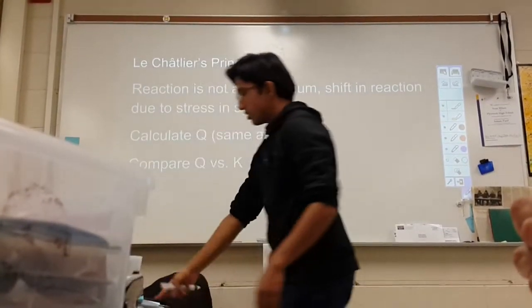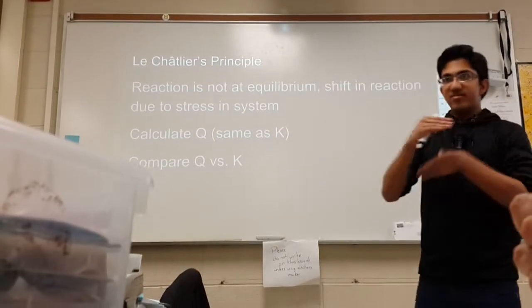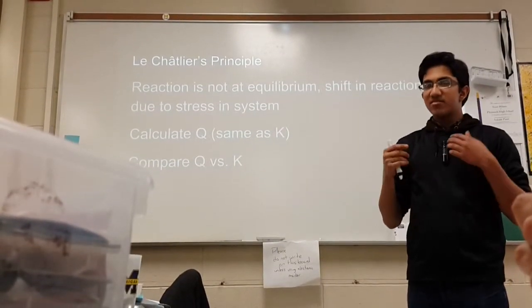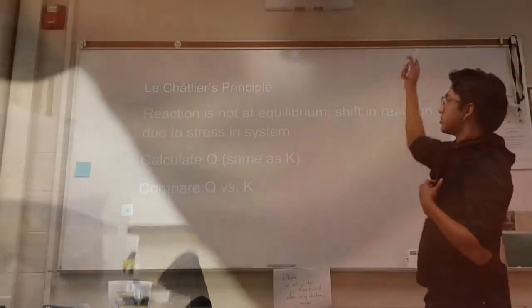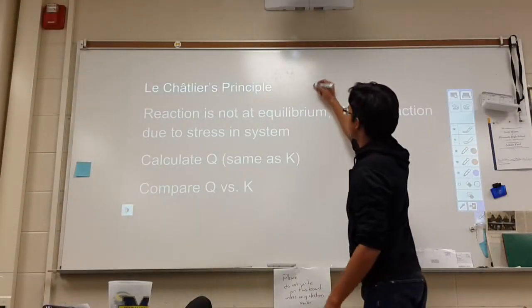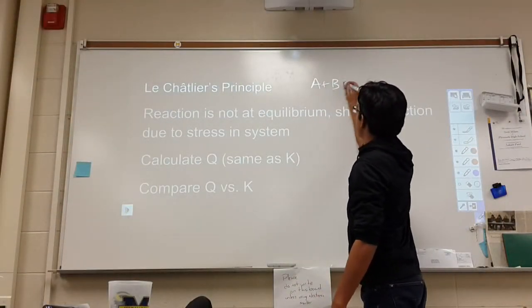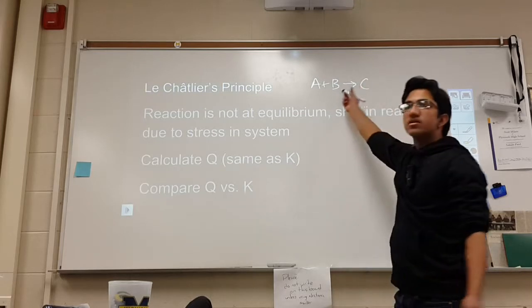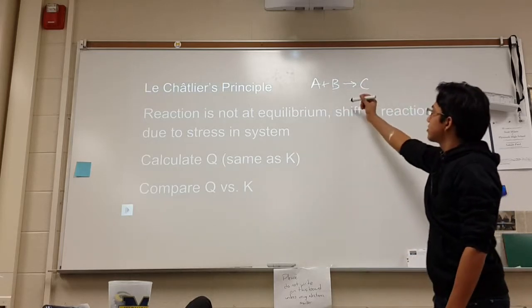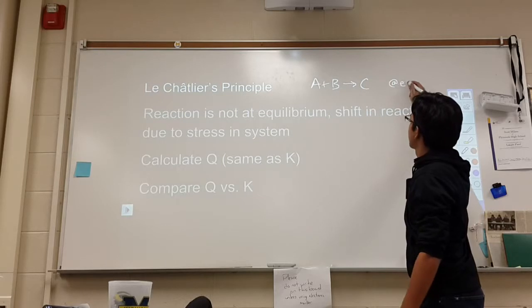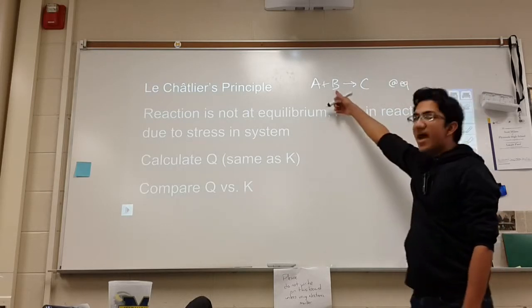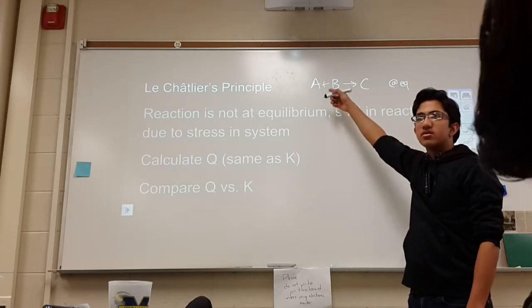Alright, so equilibrium is when our rates are equal, right? But sometimes we change things. Conceptually, if I have the reaction A plus B turns into C, and it's at equilibrium, and I add more B, what's going to happen?